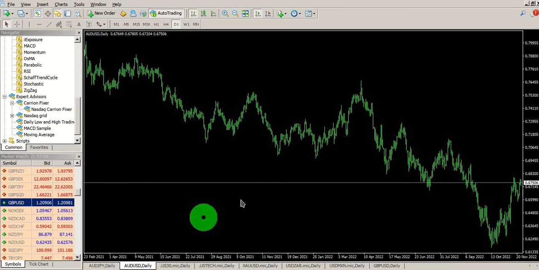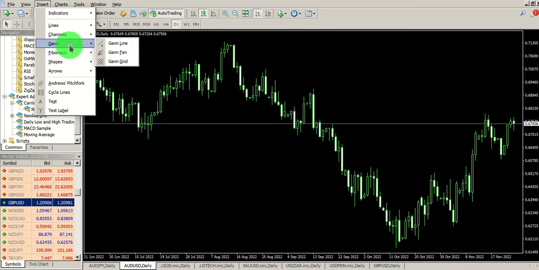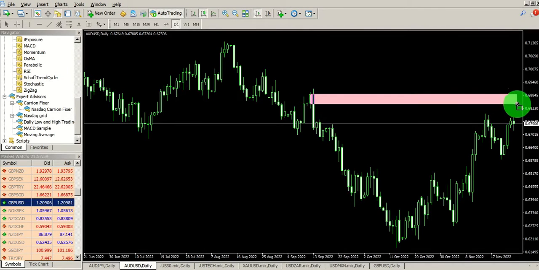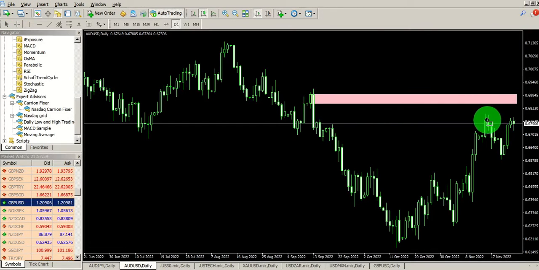Okay, let's move on to AUDUSD. AUDUSD, I already see the order block right about there. So that's the area I'm looking for. And also I have another area that I can use for short term. That's where the market is currently at.